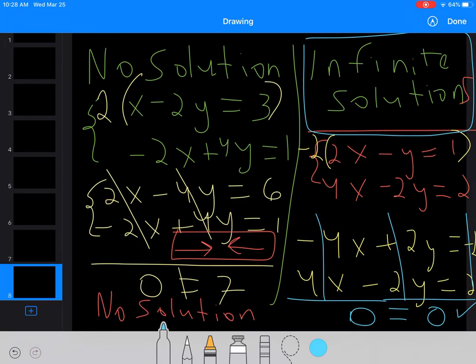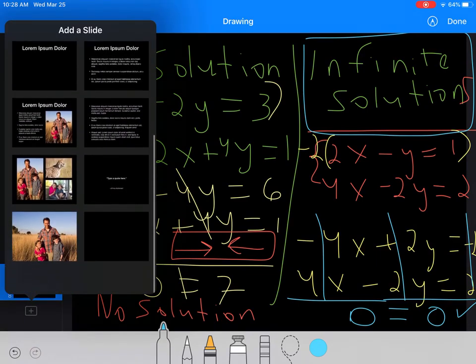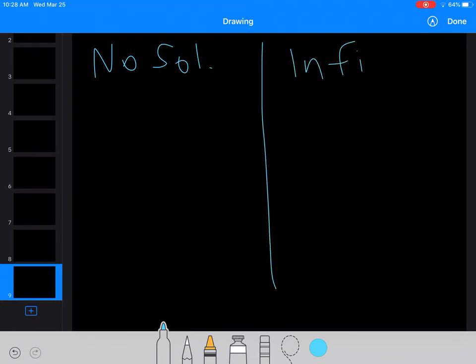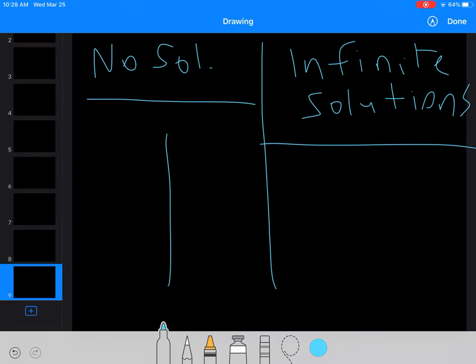And so when there's no solutions graphically, it's going to look like this. So here's an example of no solutions and infinite solutions graphically. So if I have no solutions, my graph would be parallel lines.